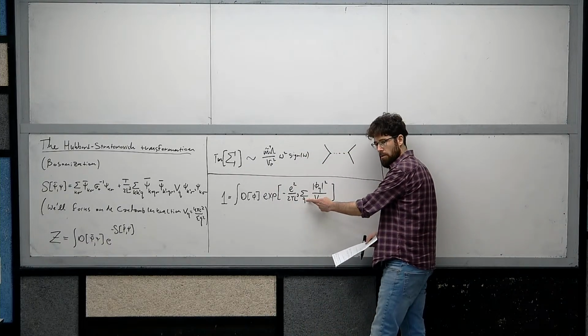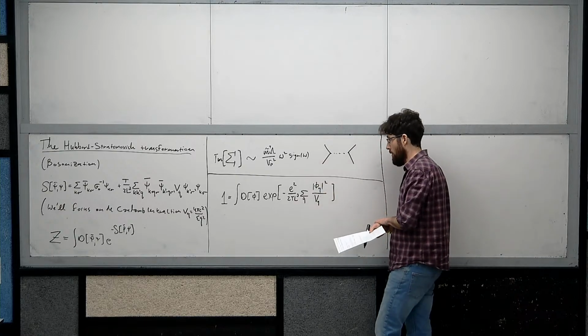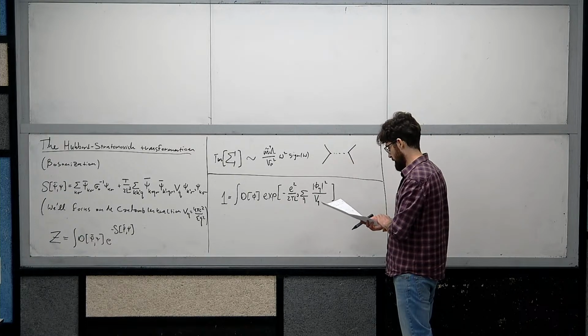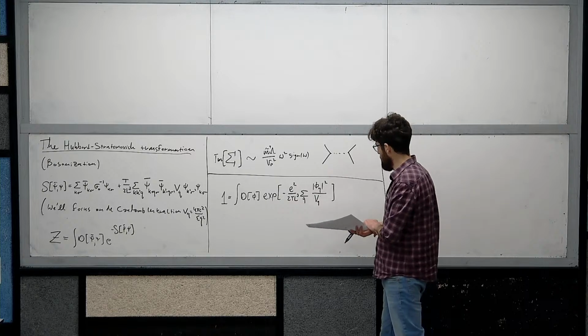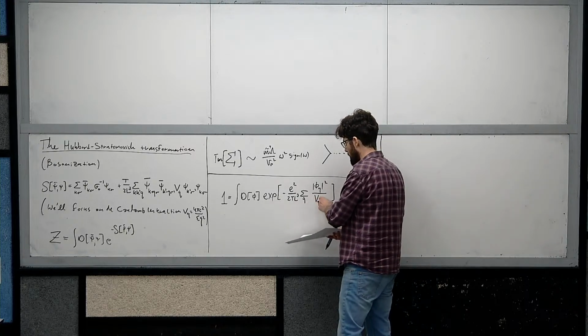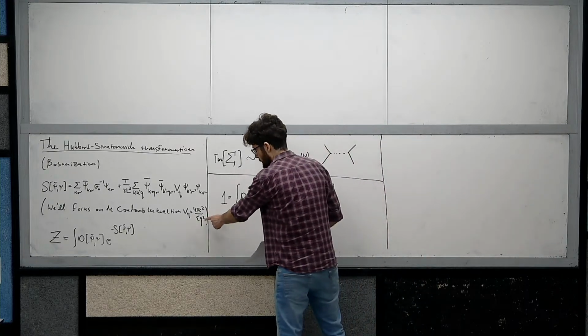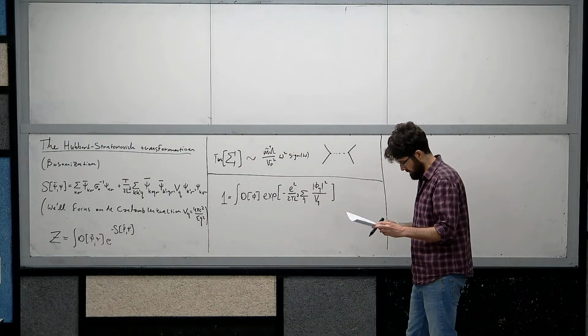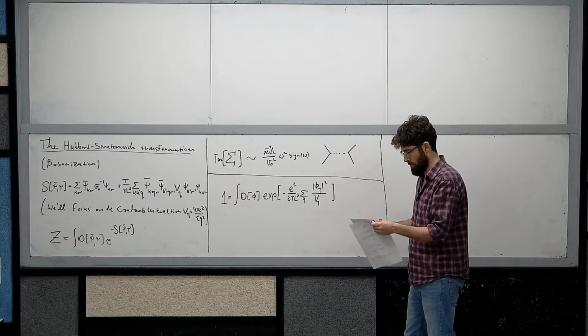This q here is going to be a sum over both Matsubara frequencies and momentum, but this interaction here depends only on momentum. Okay? Good.